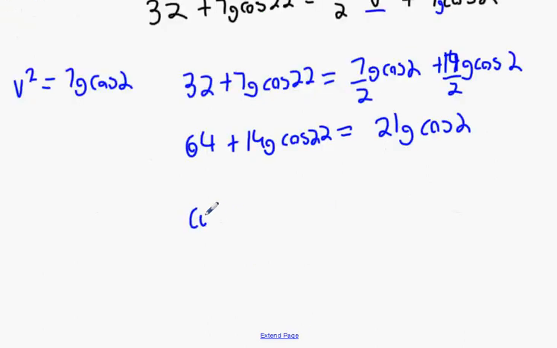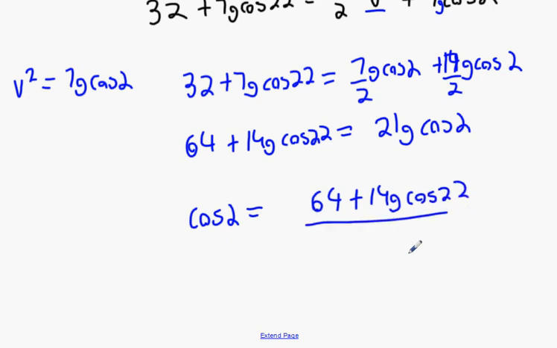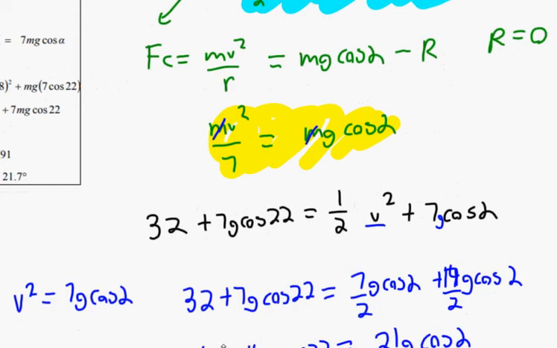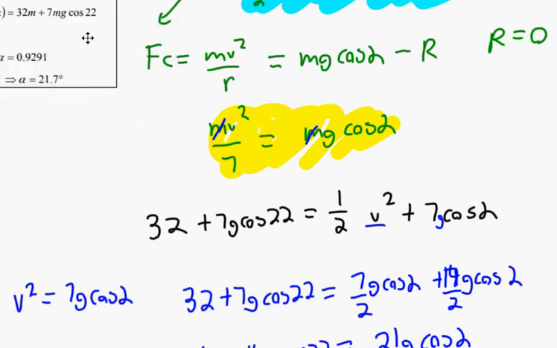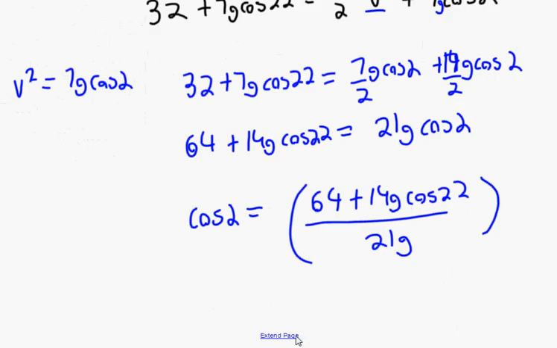We're going to get cos alpha equals 64 plus 14g cos 22, all over 21g. Then we're going to cos inverse our answer, and it's my hope that it comes out to be 21.7. Yeah, perfect. And there you go. Okay, good.